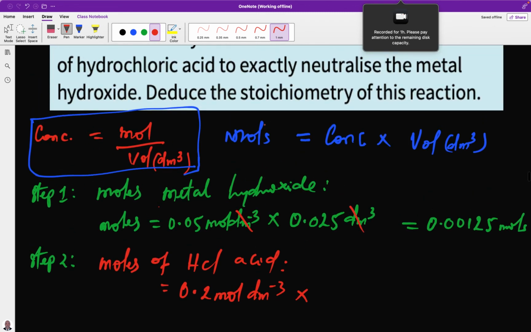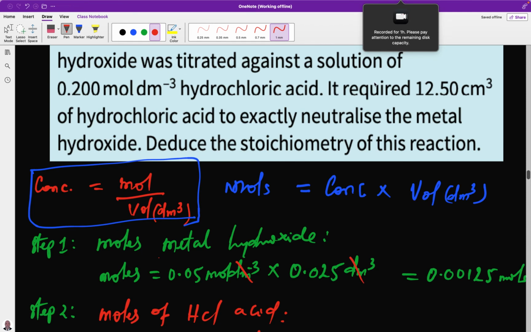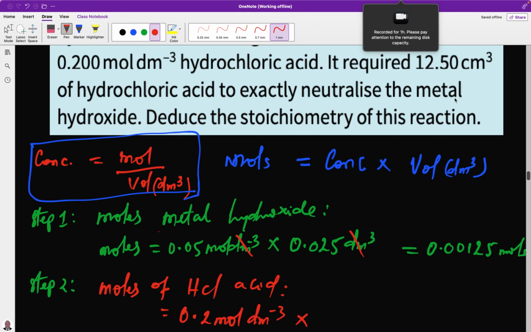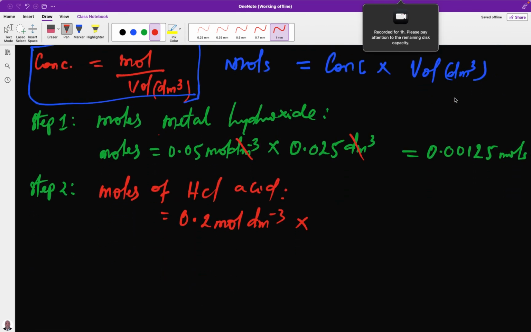When we convert 12.5 cm³ into dm³, we will have 0.0125 dm³.